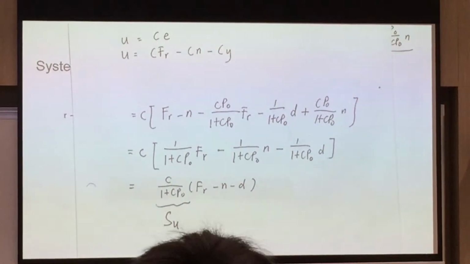Okay, so in the exam, you can be asked to derive the control sensitivity function SU. This is what you do.